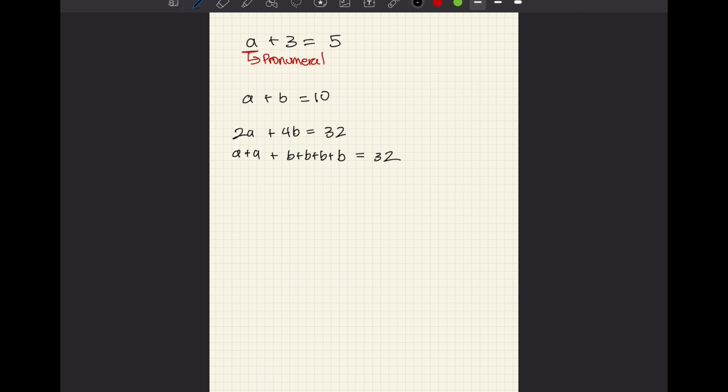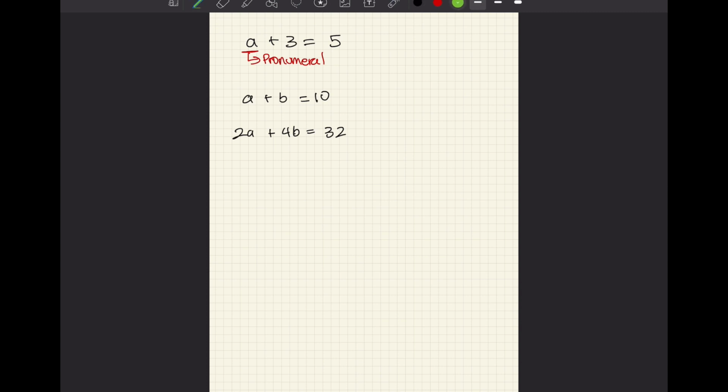Okay, but there are many possible numbers which may work to give us 32. So we need a second equation for us to solve this. And that second equation is this one above. A plus b equals 10.